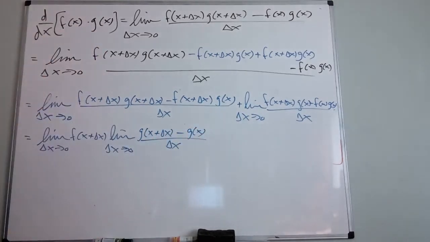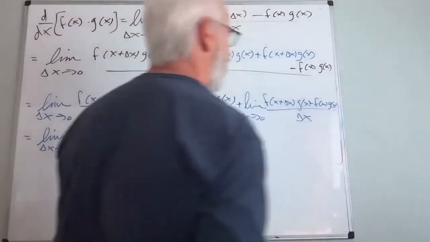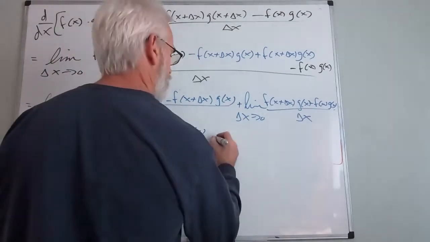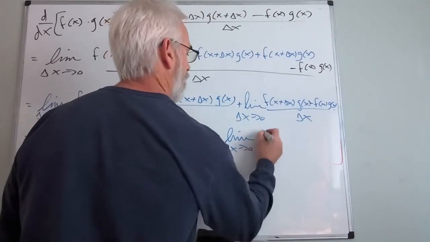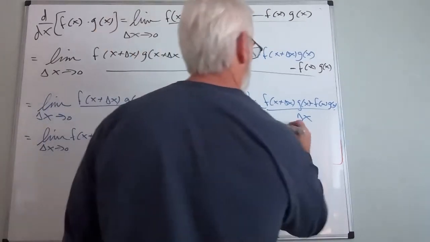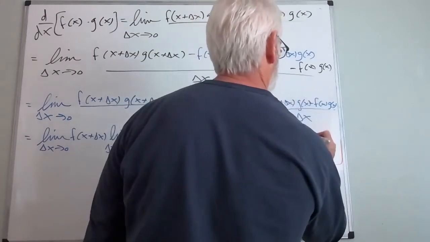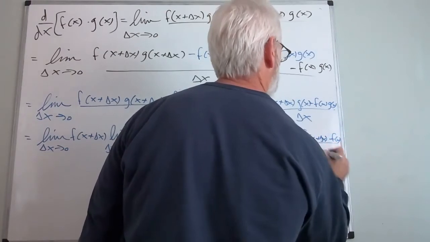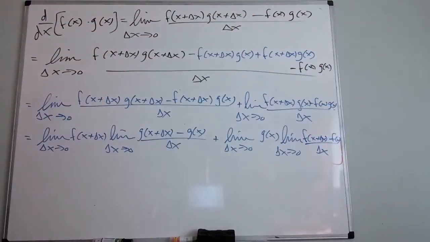Okay, that's the first piece. Now in the second one, it looks like I can factor out perhaps the g of x term, multiplied by what's left, the f of x plus delta x minus f of x term. Okay, and now we're done.